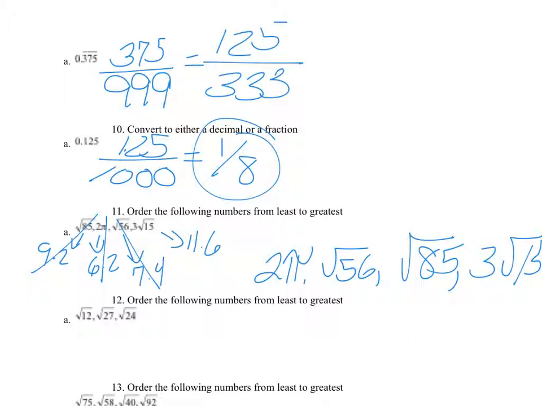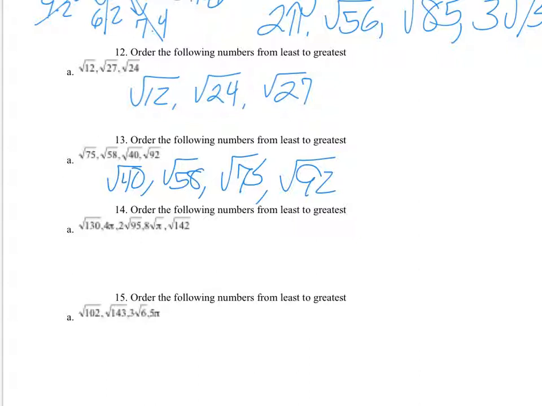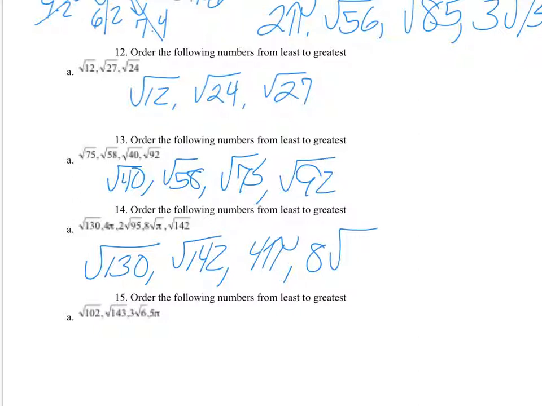So number 12, in order from least to greatest, you would have the square root of 12, the square root of 24, and the square root of 27. For 13, you're going to have the square root of 40, square root of 58, square root of 75, and the square root of 92. 14, square root of 130, square root of 142, 4 pi, 8 square root pi, and 2 root 95.